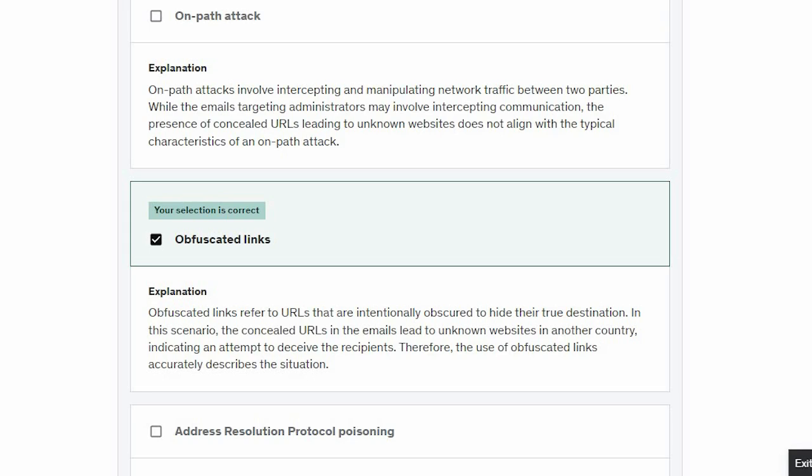Therefore, the use of obfuscated link accurately describes the situation. So, obfuscated link is also another correct answer for this scenario.